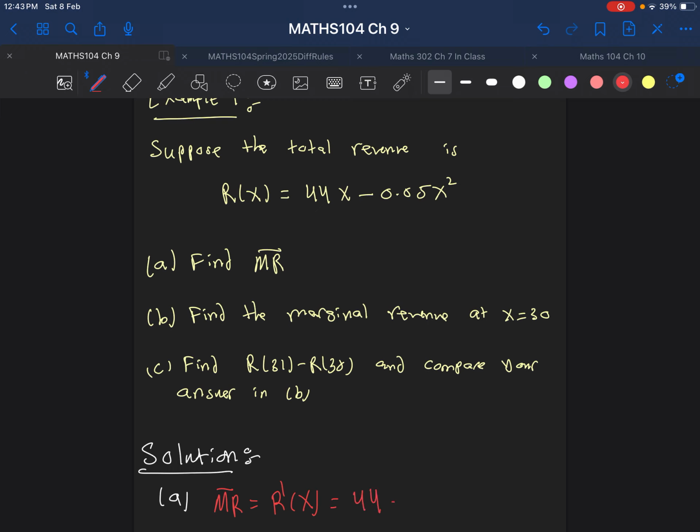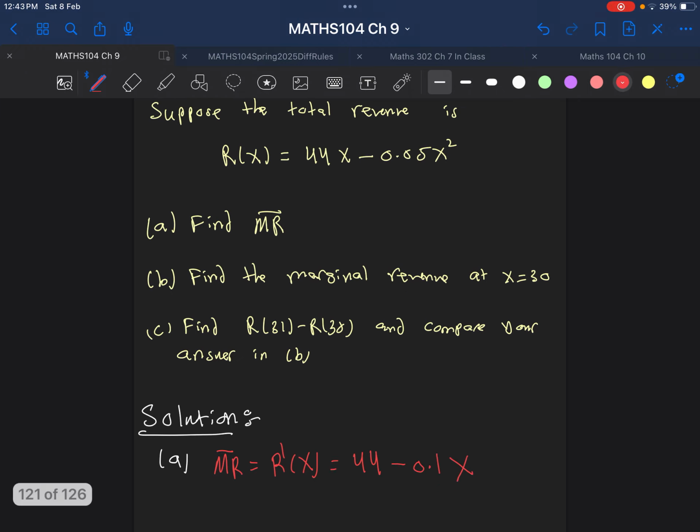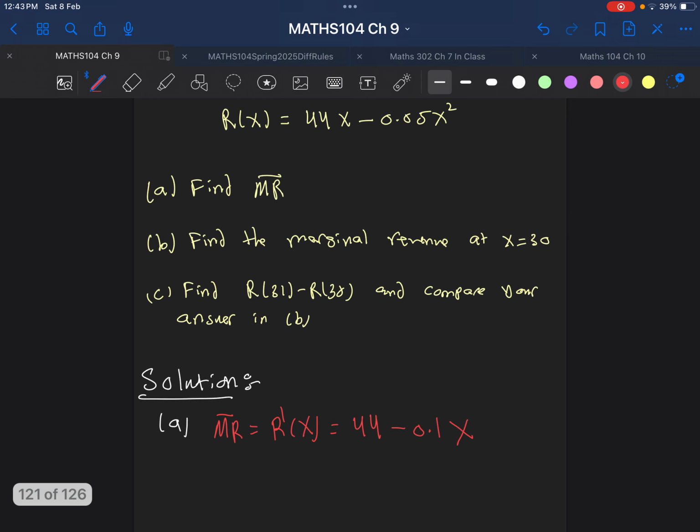So we find the derivative of this function, which will be 44 minus x squared; the derivative is 2x, and we multiply 2 by 0.05, so we get 0.1x. And that's the marginal revenue.